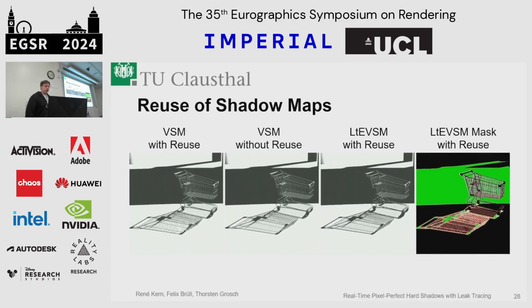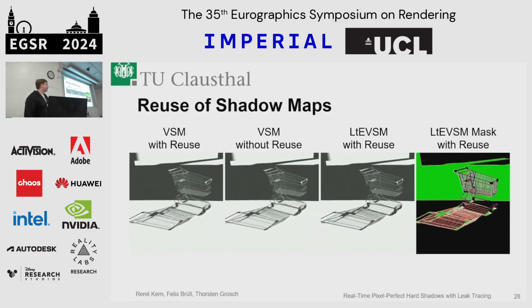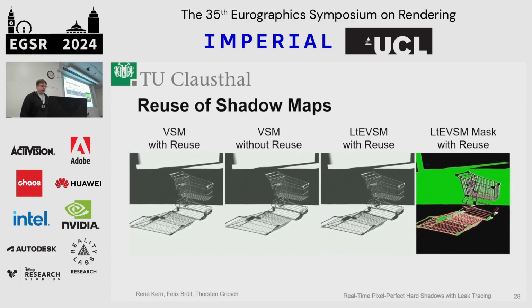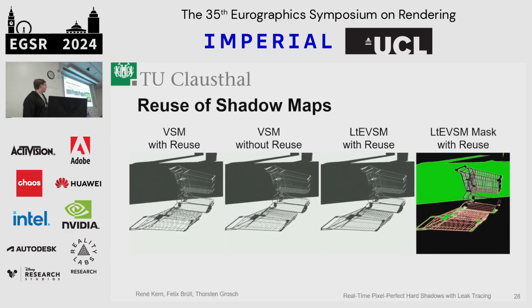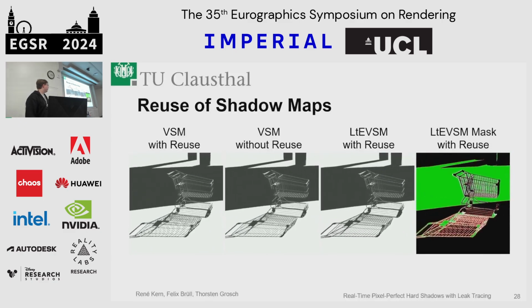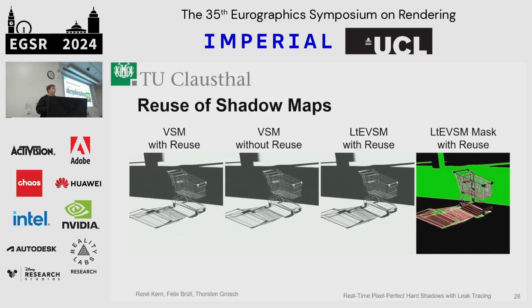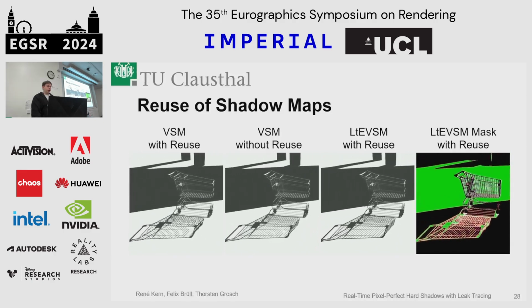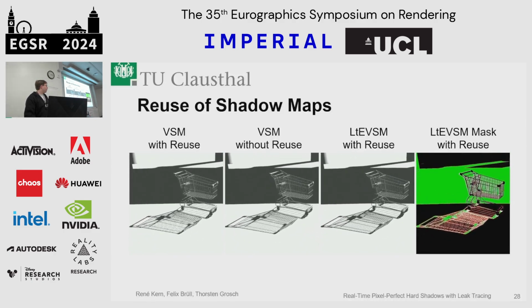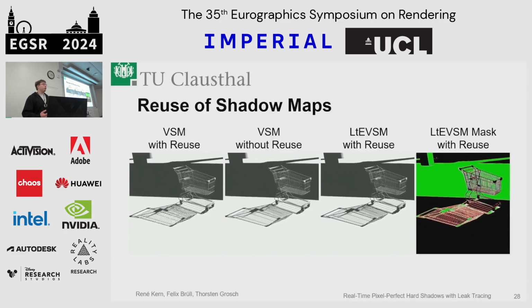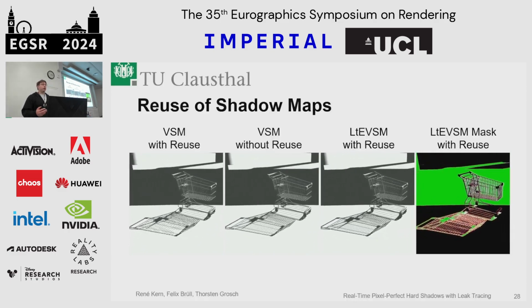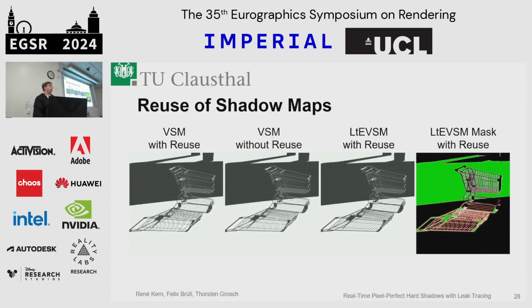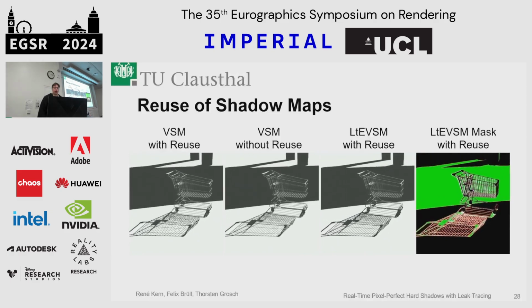And if you actually re-render them, it's much smoother, especially with anti-aliasing. However, with our leak tracing, we can actually just reuse the shadow map, as we always reproduce the pixel-perfect ray trace shadow. And this drastically reduces the time we need to generate the shadow map, as it now only needs to be re-rendered every couple of seconds instead of every frame.